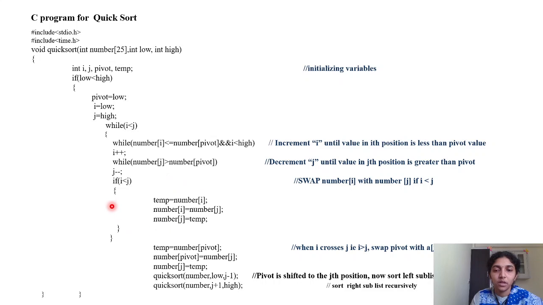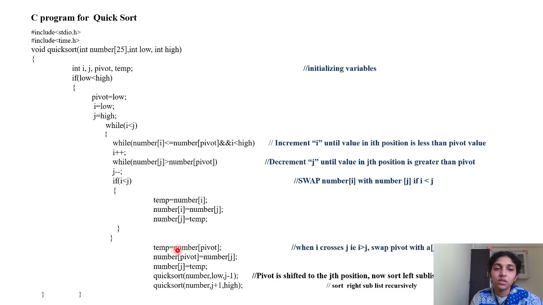When do you have to swap? You have to swap only if i is less than j. If j crosses i, then you have to swap the pivot with number[j], or else we swap number[i] with number[j], where number is the array name.